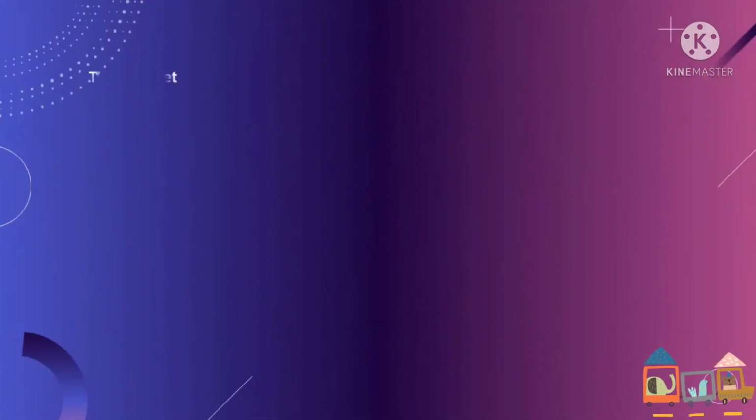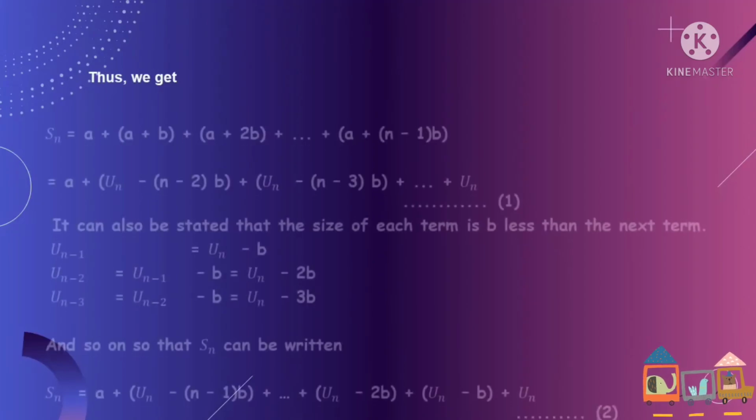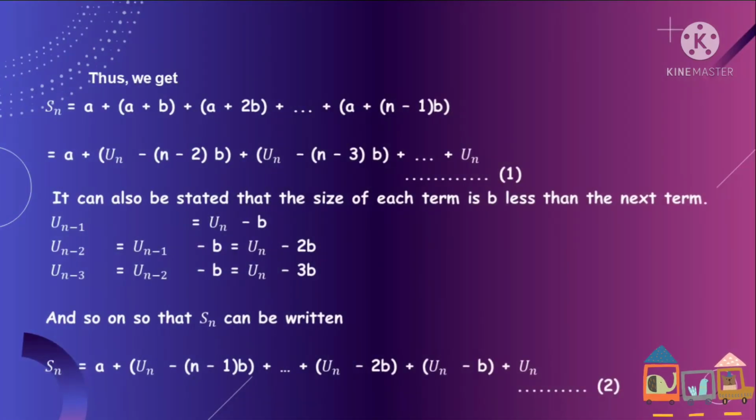Thus we get Sₙ equals a plus (uₙ minus (n minus 2) times b) plus (uₙ minus (n minus 3) times b) plus until plus uₙ.